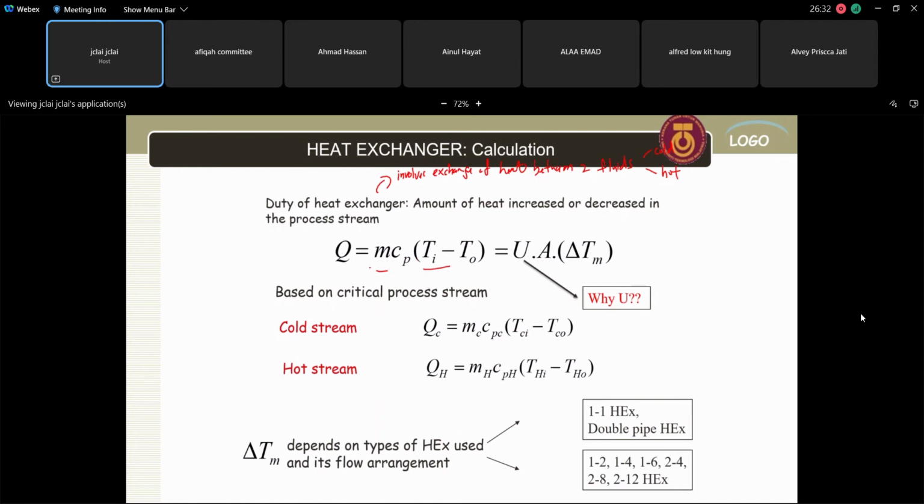So we know the basic formula involved. Q is m Cp delta T, right? This is what you have learned in high school. And this is the general formula for heat transfer in a heat exchanger, right? Q equals U A delta T_m. So for your information, there are two types of delta T_m.